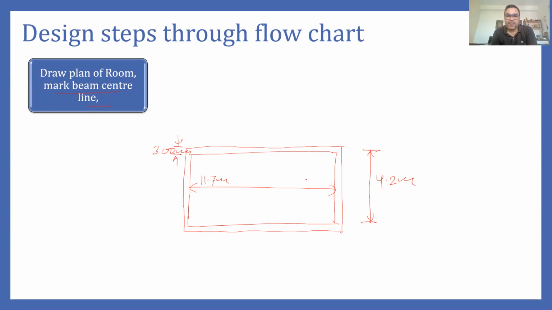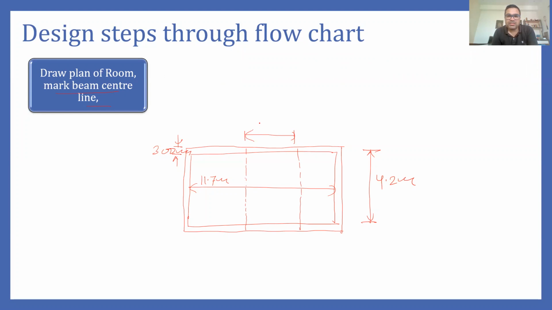Basically, the main beams of the room will be passing along the shorter side. So we are assuming that these are the main beams which will be passing through the shorter side, and the space between these two beams is equal, they are equally spaced.